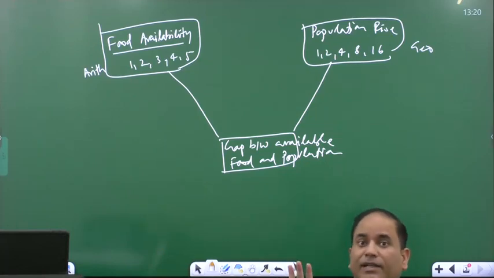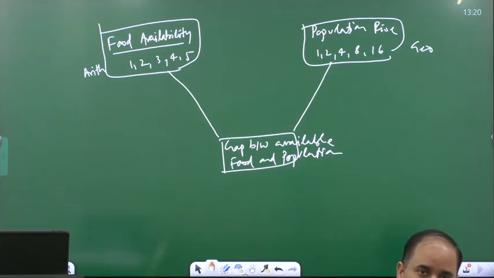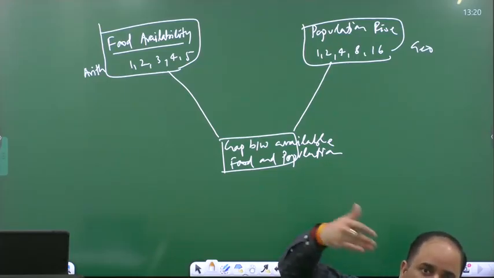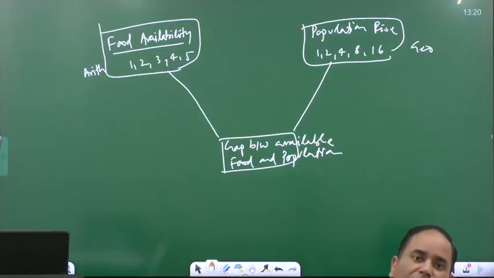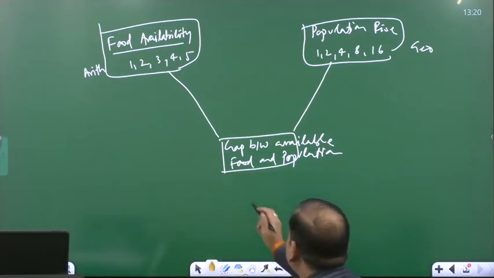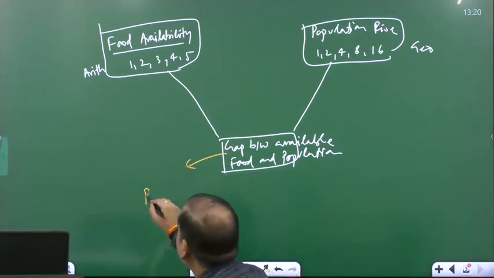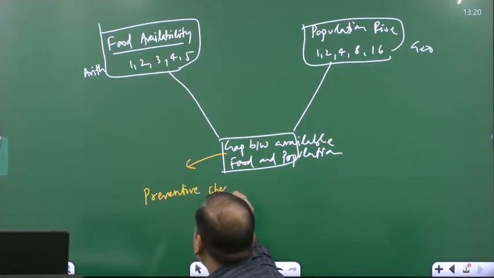Once they realize this, they will come out with some solution. And the solution that Malthus is offering is preventive check.